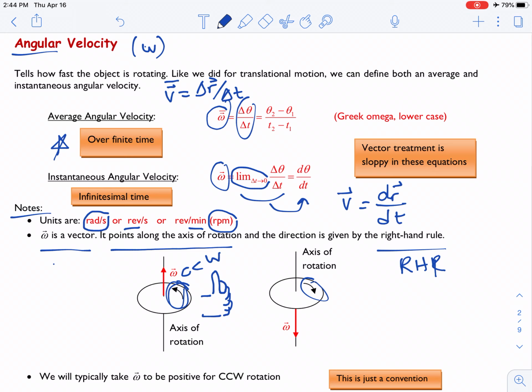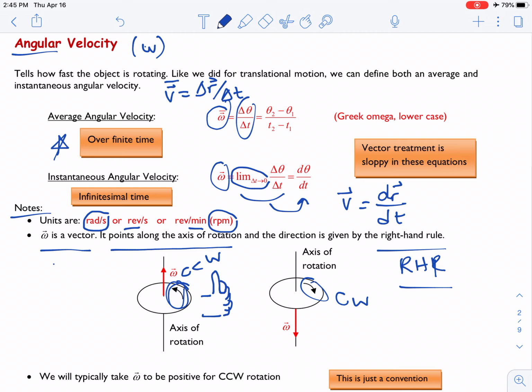So we're going to use CCW, and this one is clockwise. If you're looking from the top, that's the direction that you see. So if it is counterclockwise, your omega is coming out of the disk. If the disk is rotating clockwise, then omega is into the disk, right? And that's how we're going to use the right hand rule.